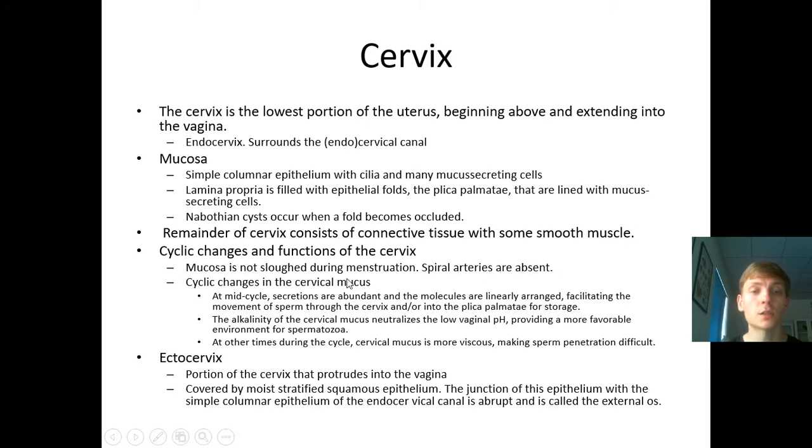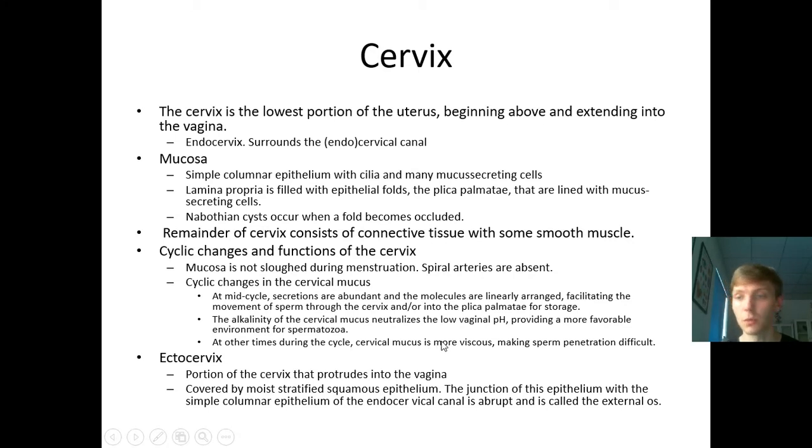Cyclic changes in the cervical mucus. At mid-cycle, secretions are abundant and the molecules are linearly arranged, facilitating the movement of sperm through the cervix and into the plica palmata for storage. Alkalinity of the cervical mucus neutralizes the low vaginal pH, providing a more favorable environment for the spermatozoa.